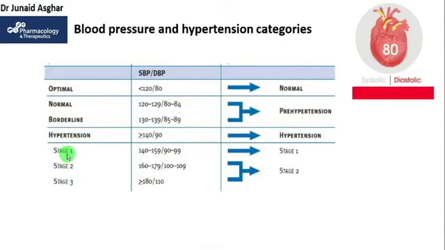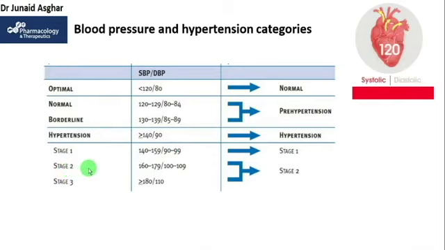Stage 1 hypertension is when the blood pressure consistently ranges from 140 to 159 and 90 to 99. At this stage, the patient is likely to receive an antihypertensive medication along with mandatory lifestyle changes.